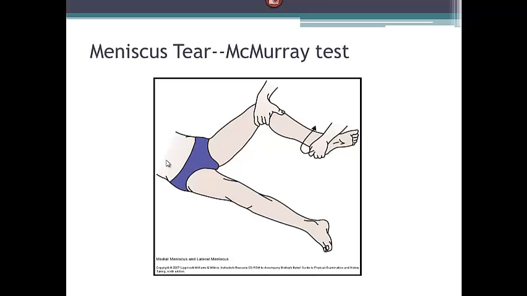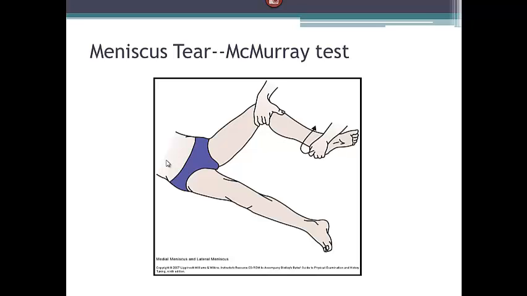McMurray test is another test to be able to test for meniscal tear. Position the person supine as you stand on the affected side. Then hold the heel and flex the knee and hip.